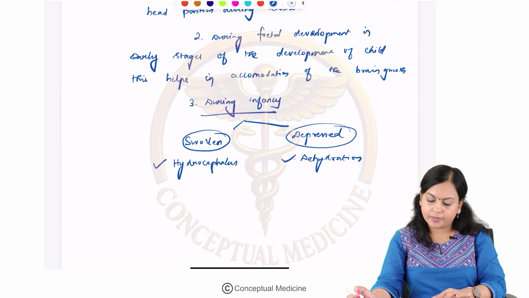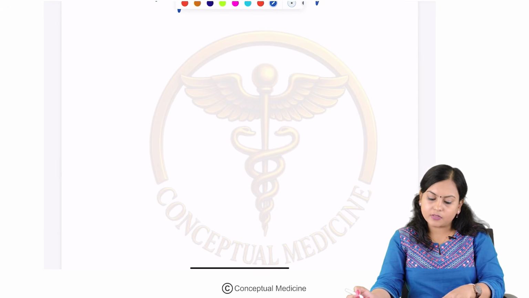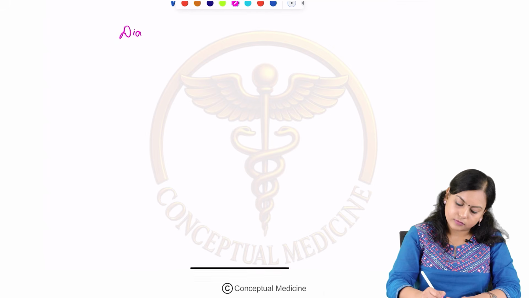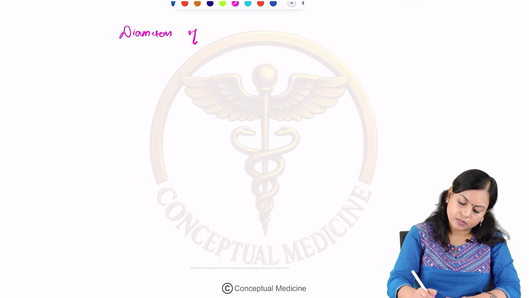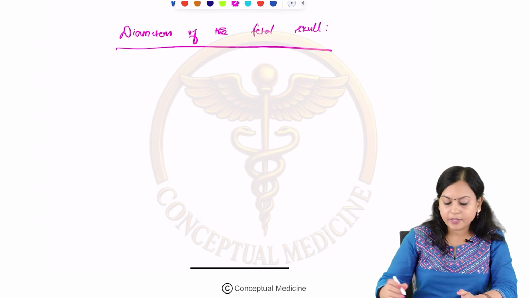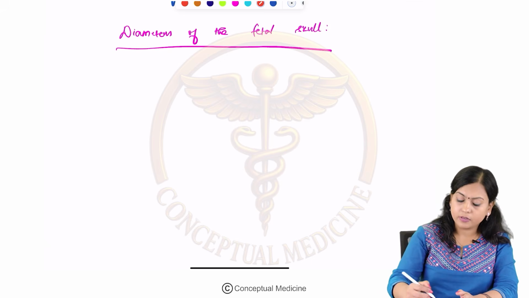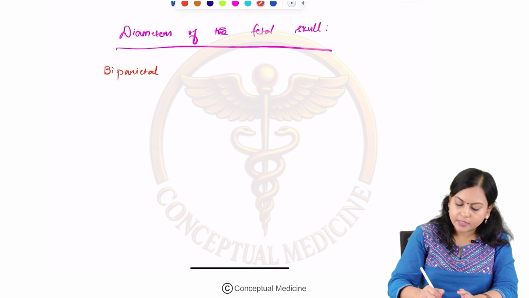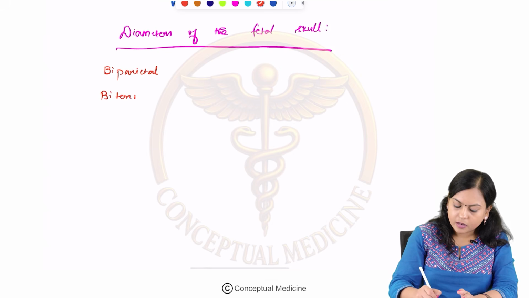Understood? Okay. Now we will pass to the various diameters of the fetal skull. Diameters of the fetal skull include, first we will see the transverse diameters, including biparietal diameter, bitemporal diameter and bimastoid diameter.